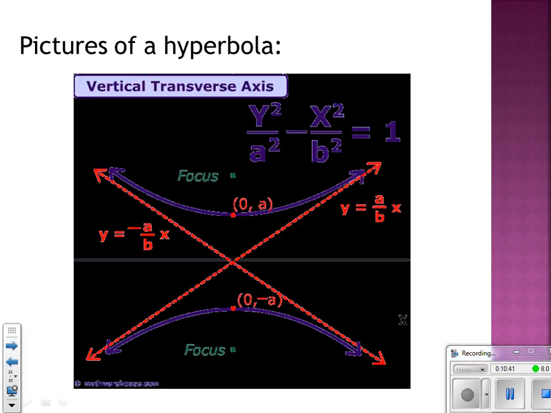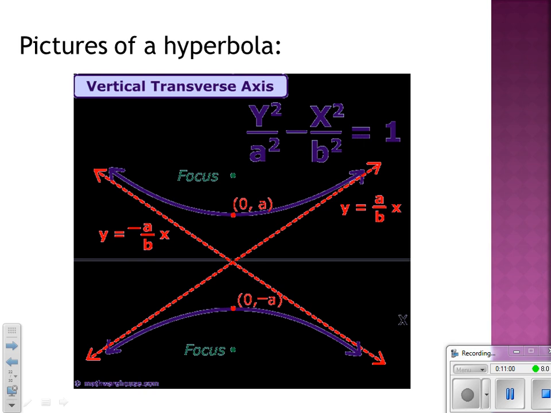Now I went online and found a couple of diagrams that give you a visual for what this looks like. The hyperbola is that purplish blue curve in this picture. The red lines mark asymptotes, so we've worked with asymptotes already.